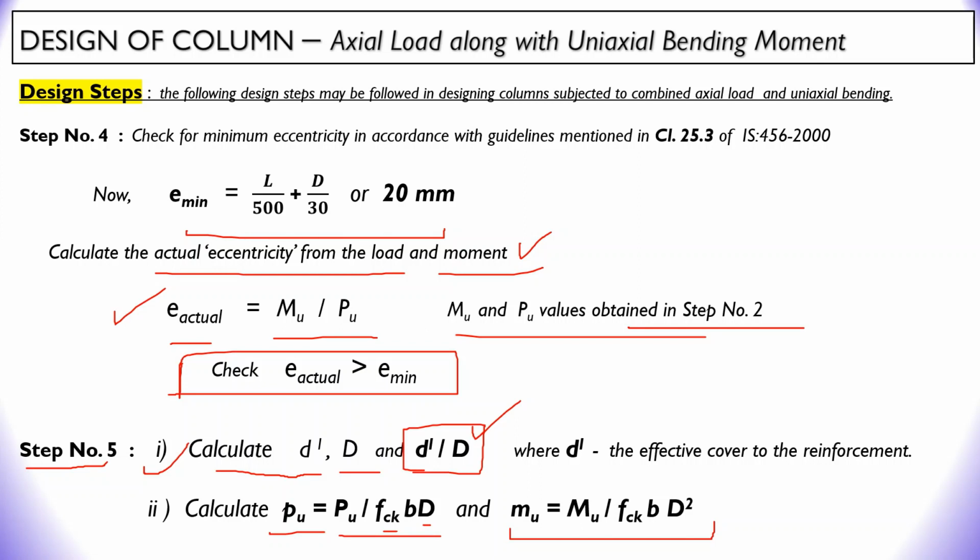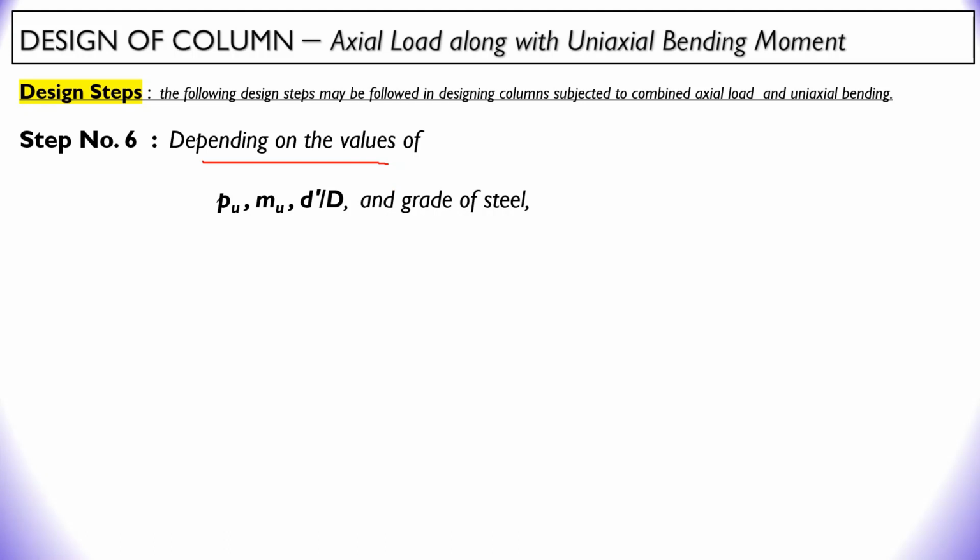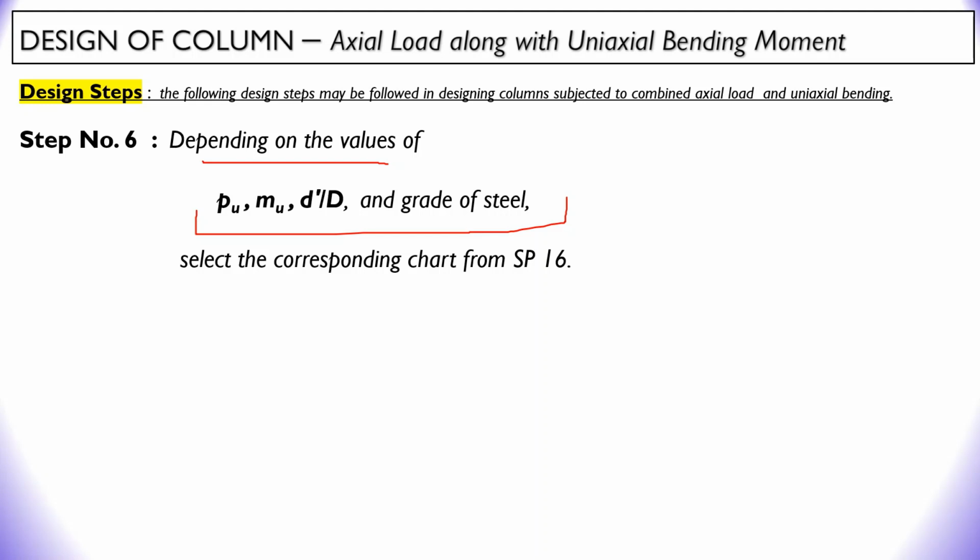Now in step number 6, depending on the values which we have already calculated in steps 4 and 5, that is PU, MU, D dash by D, and grade of steel, based on all these four parameters, we can select the corresponding chart which is relevant for us from SP16.